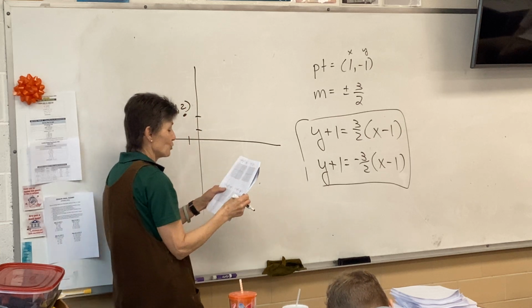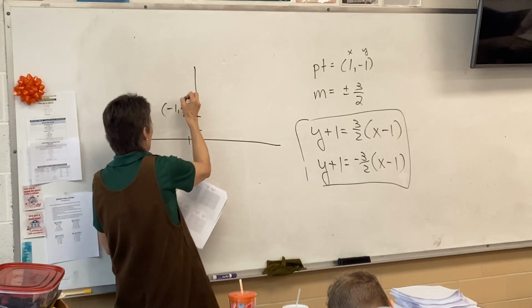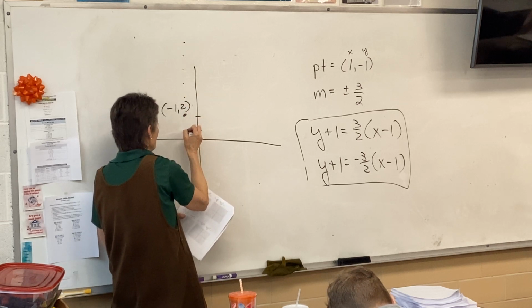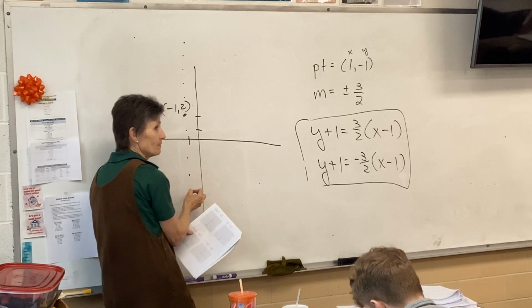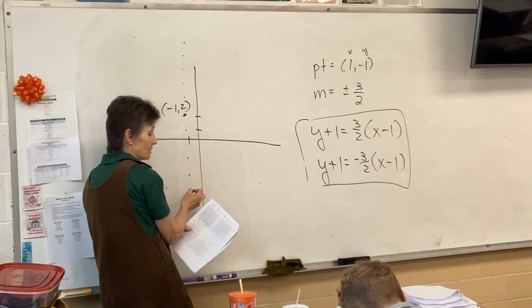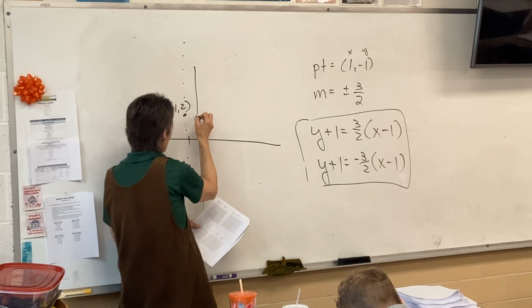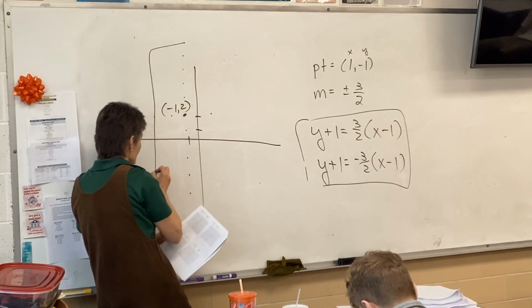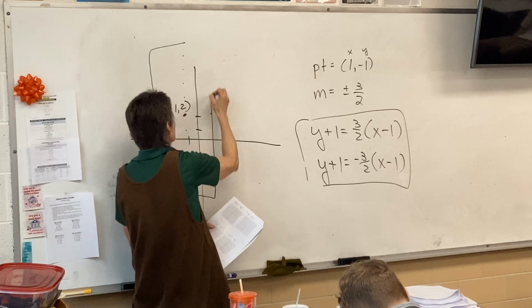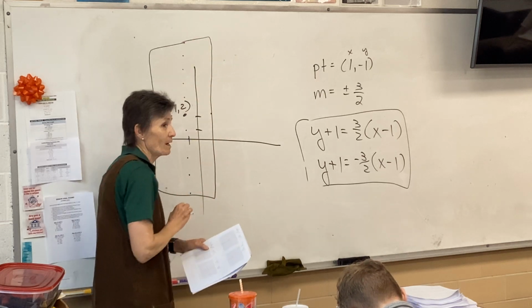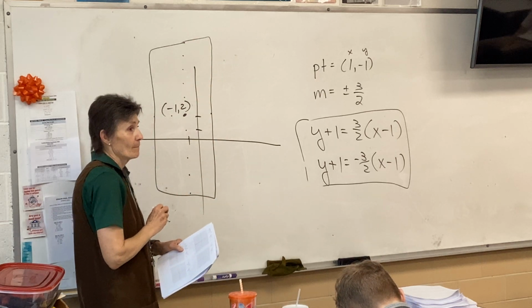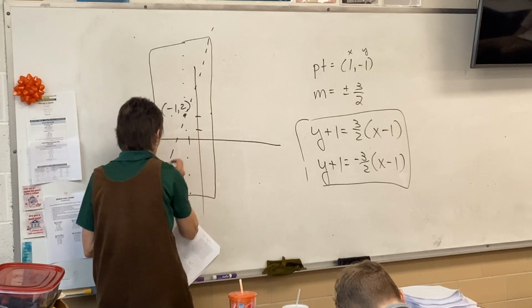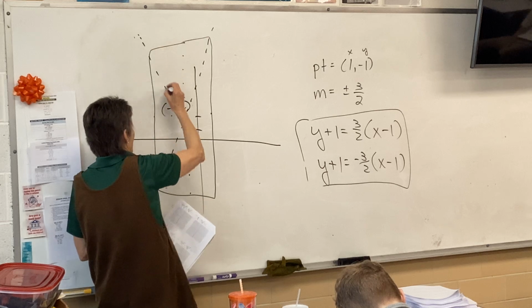And then you should have counted up 1, 2, 3, 4, 5, and down 1, 2, 3, 4, 5. And right and left, 1, 2, 1, 2. So your box should be kind of tall and skinny like this. That's what your box looks like. And you drew in your asymptotes, making a nice little X.